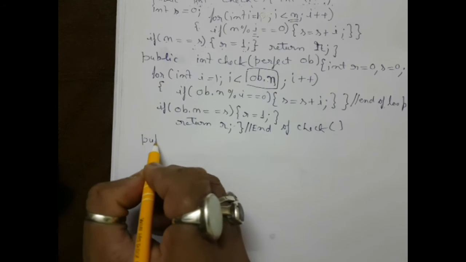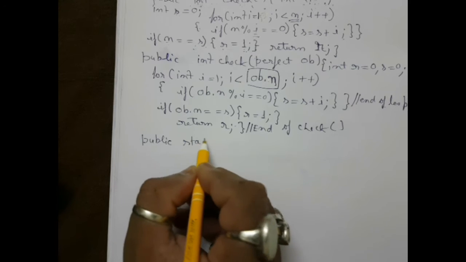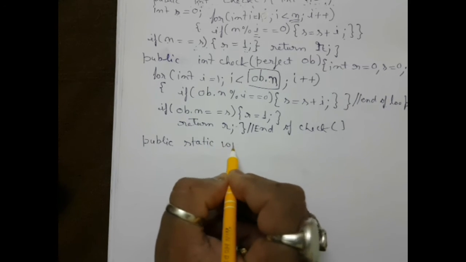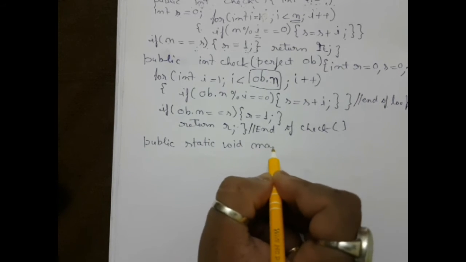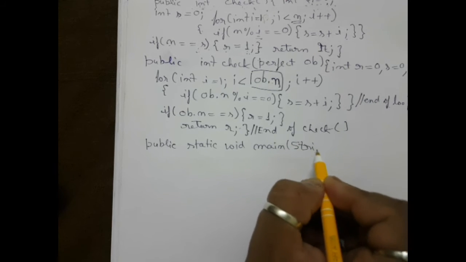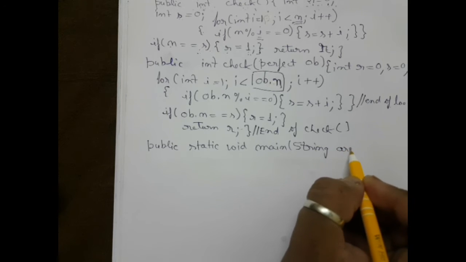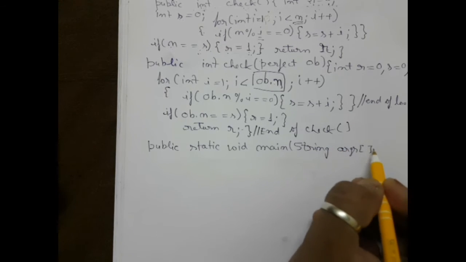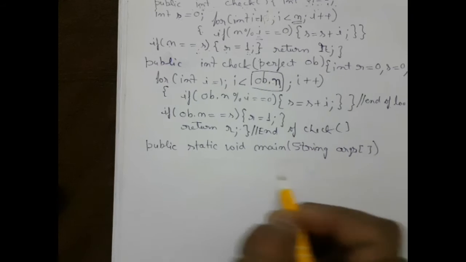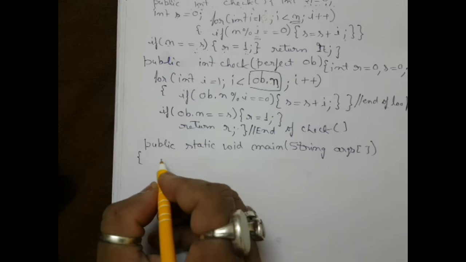So we have public static void main. Alright, and I write here a string, and then I write args. Okay, now I have the object of the class.